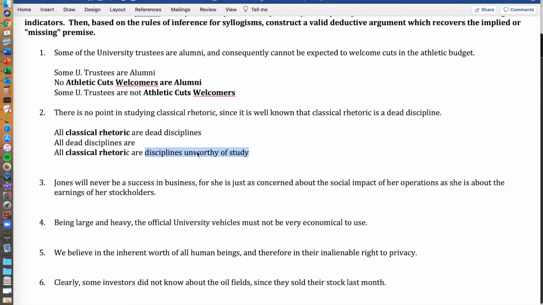Here, it is not distributed, so when it reappears, it must be not distributed again, because it must be equally distributed. And so that completes our missing premise, disciplines unworthy of study. And so we know this is also going to be distributed because it's subject of a universal, and there we have our valid syllogism completed with the missing premise.